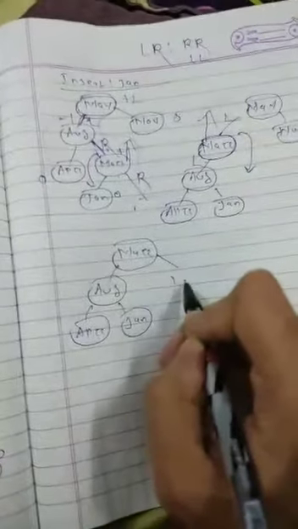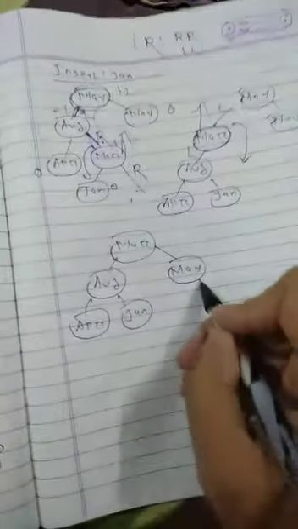January as it is. Then May will become the right side, then November is your right side. Okay, so after the LR rotation of this tree, first RR then LL, we find this tree.